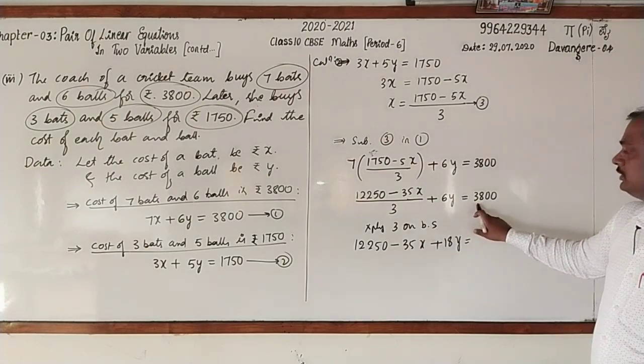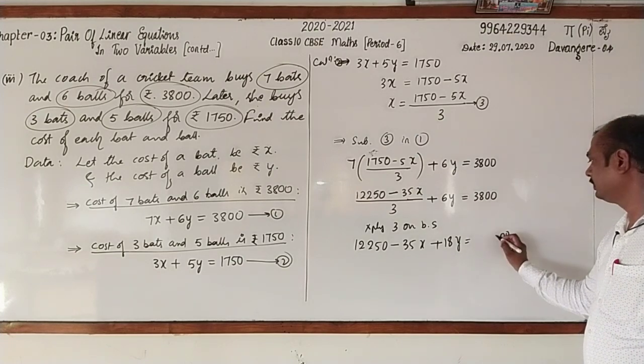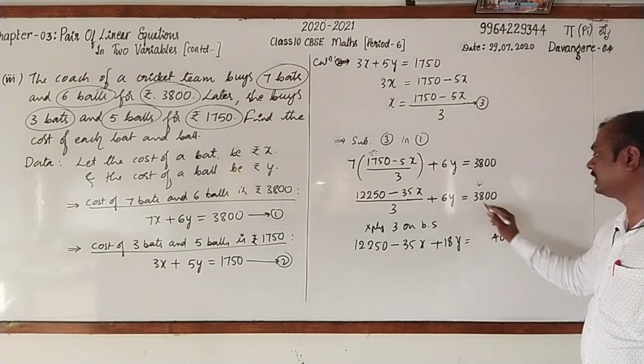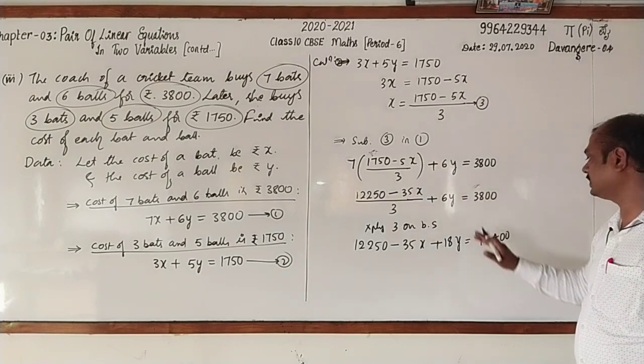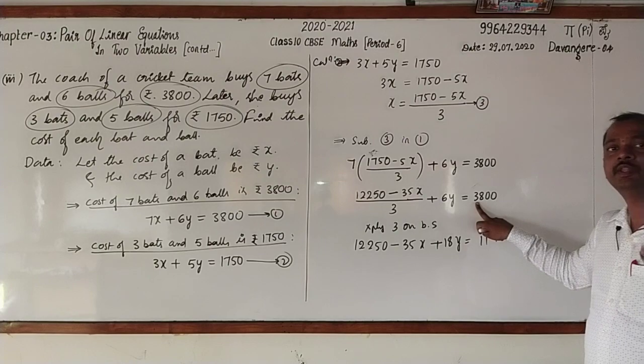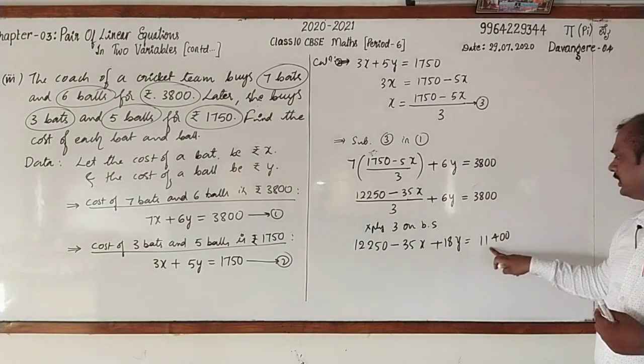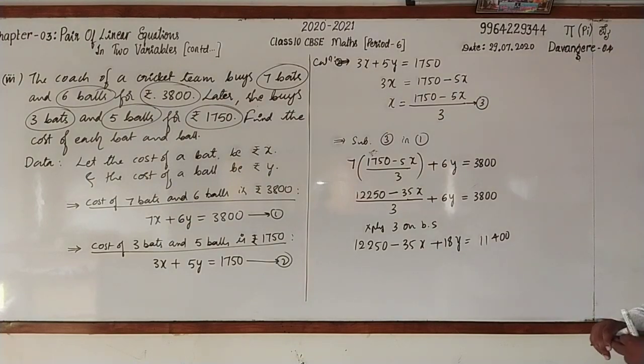And multiply 3 with the third term: 0 0, 3 8s are 24, 2, 3 3s are 9. It is 11,400. Very simple. 3,000 3s are 9,000. 800 3s are 2,400. It will be 11,400.